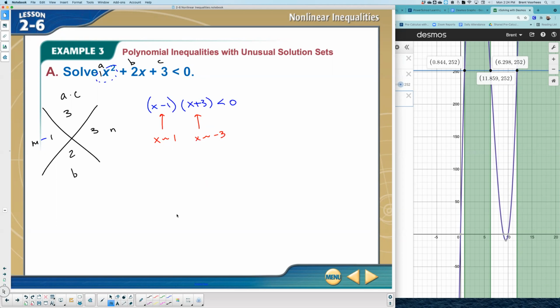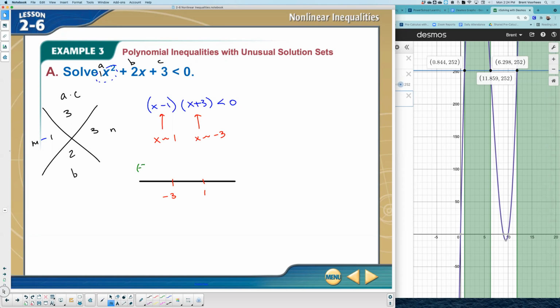So I would draw my number line. If you're doing the algebra, you would draw a number line. The critical values are going to be, the one on the left is negative 3, the one on the right is going to be positive 1. And so let's pick some numbers here. What's a number less than negative 3?